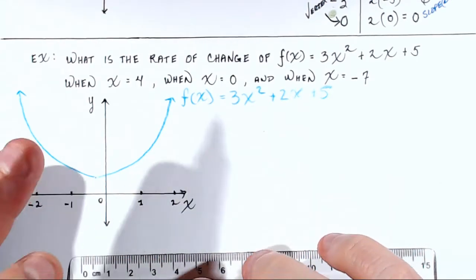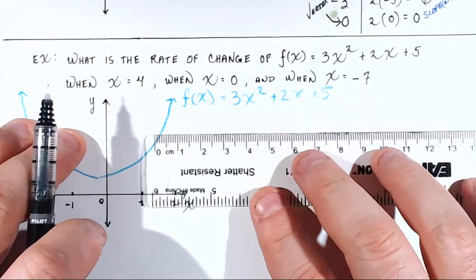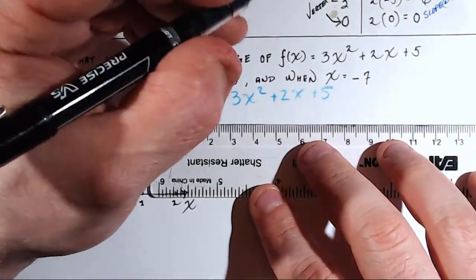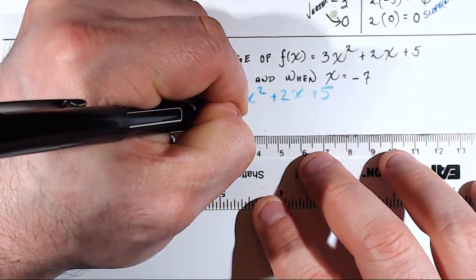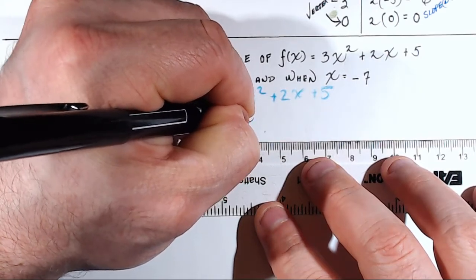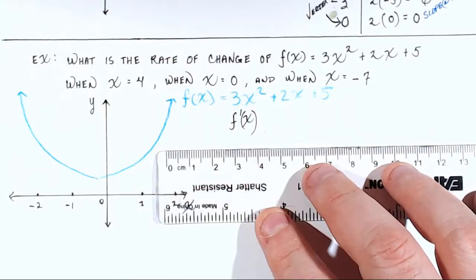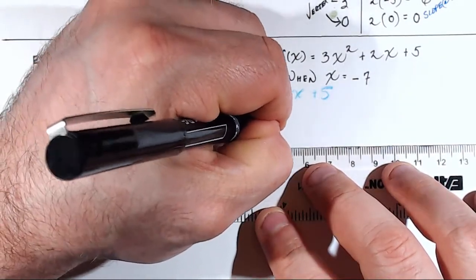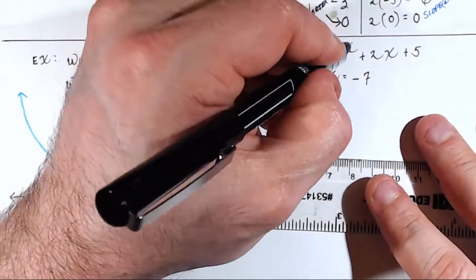Okay, so here we go. Let's take f prime x. F prime x equals, follow the process.